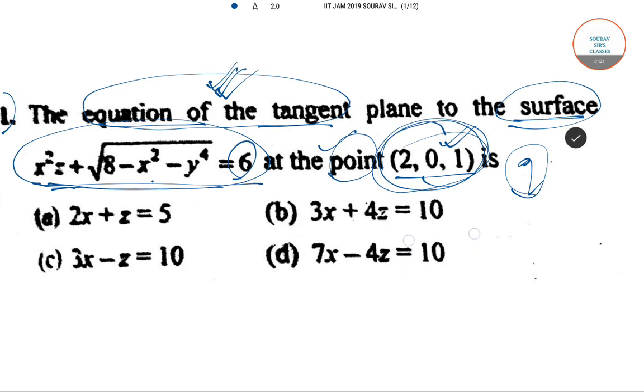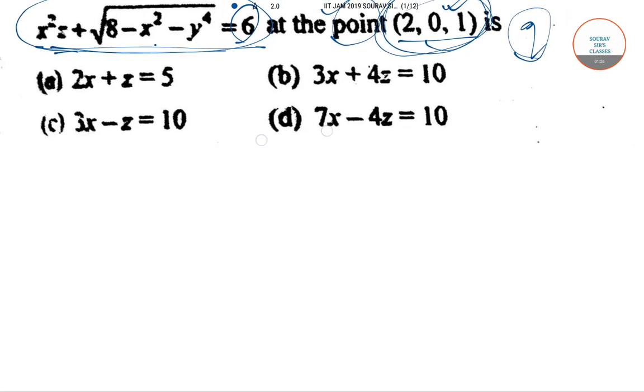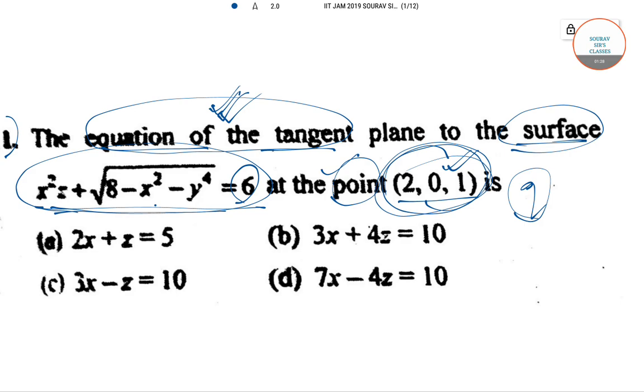So let us discuss the options first. As it is a question regarding the equation of a tangent, and we know a tangent just passes through one point of a curve, the tangent is always a straight line, and the equation of a straight line is linear.